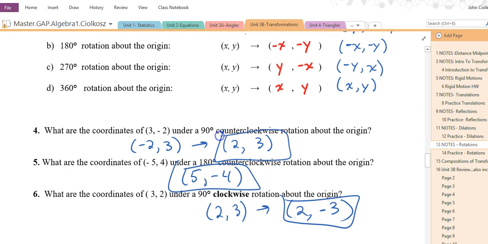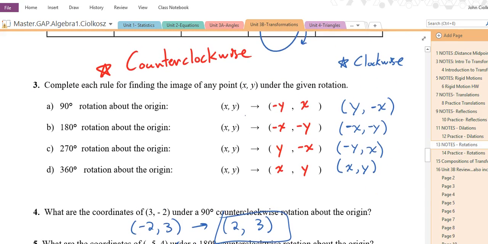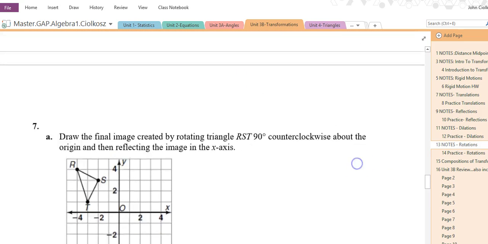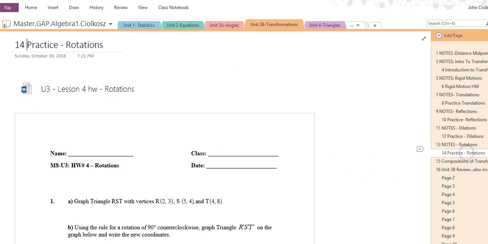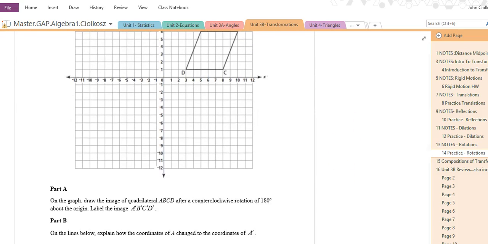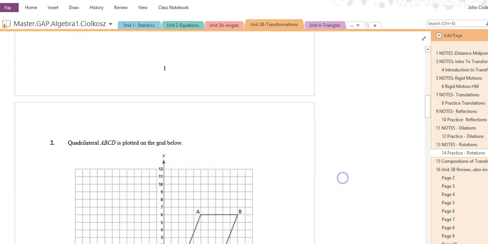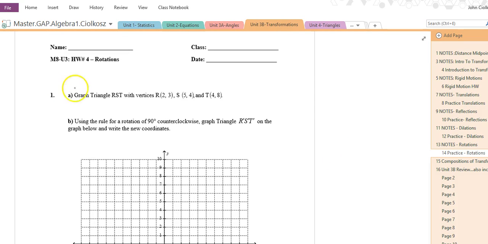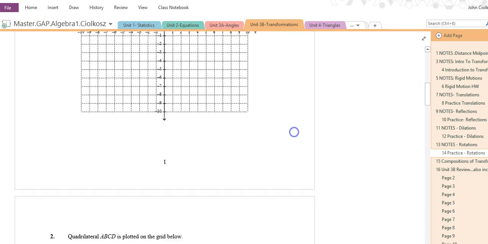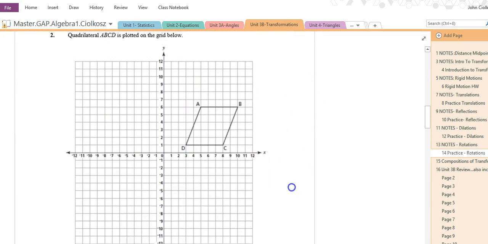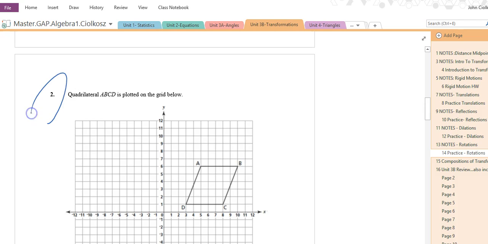Rotations are very easy, and I do not expect you to memorize these rules, so just know how to use them. That's going to be it for the notes on this section. So in your practice, go ahead and use those rules and the same skills we've used. Let's see what problems we want to do here. We're going to definitely do 1. 2 as well.